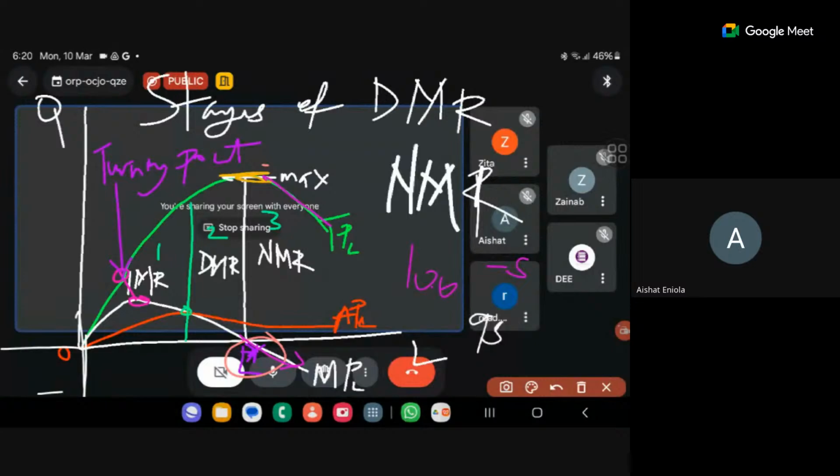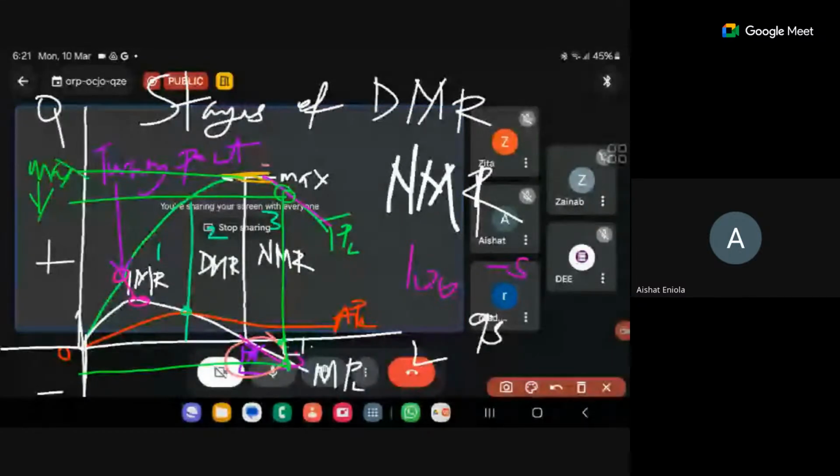Let's give an example of employment in stage 3, beyond L star. If you employ workers beyond L star, how do you analyze the impact of that new worker? You trace that L1 to touch MP. So at that L1, the MP is here, negative. Take it up here.